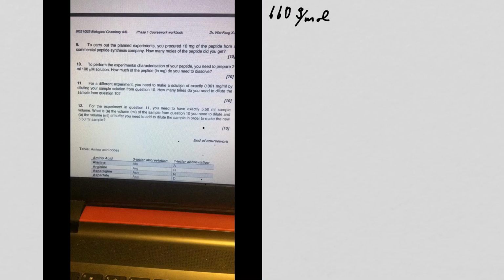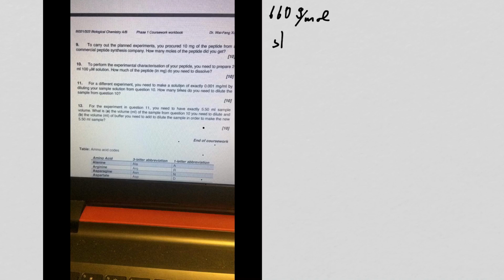So for question 11, we are looking at how much we have to dilute the sample from question 10. We still have our molecular mass of 660 gram per mole, which I just made up. So let's see how we can do that. We have the added problem that we have a stock solution.